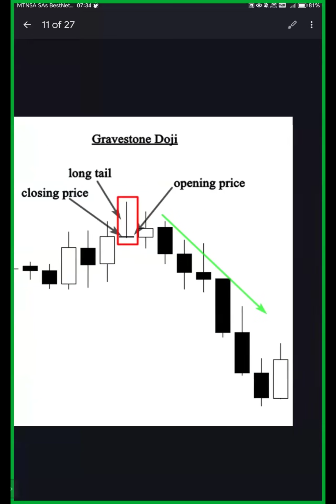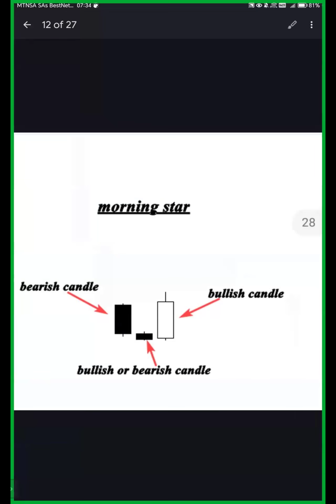All right, so let's look at another family called the Morning Star. So far we have looked at two market reversal signals: the engulfing bar, bearish and bullish, and the doji, under which we have discovered a dragonfly doji and a gravestone doji.